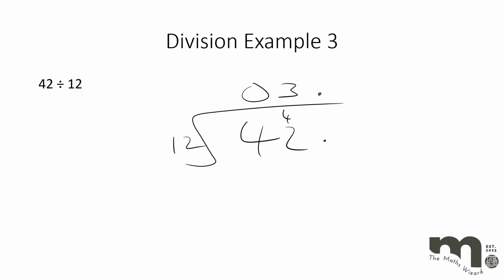So what we do is we write in a decimal point here, we pop a 0 in on the bottom of our bus stop, and then we've got a remainder of 6, because 12 times 3 gives you 36, and then you've got 6 more until you get to 42. And then 12 into 60, well, that goes exactly 5 times. So we've got 3.5 as our answer for this one.